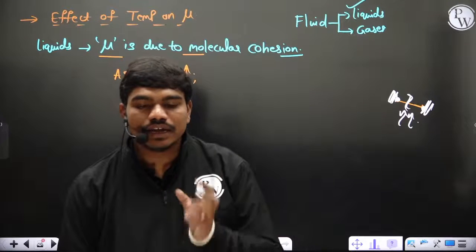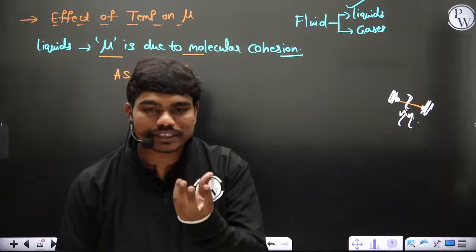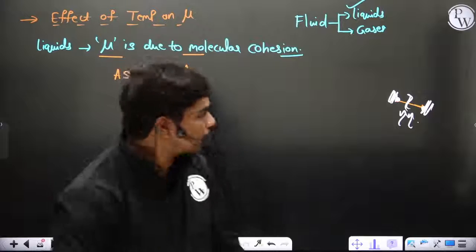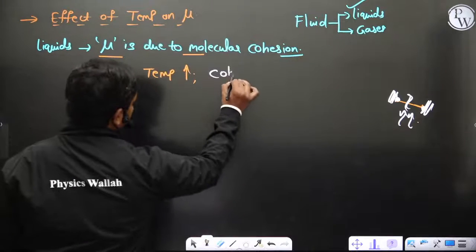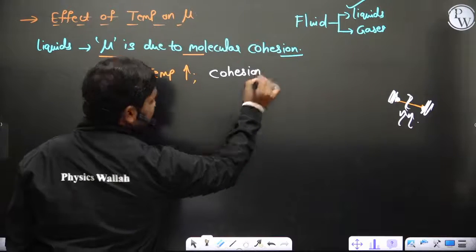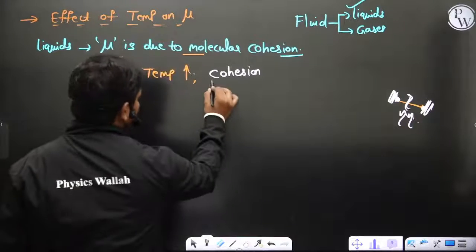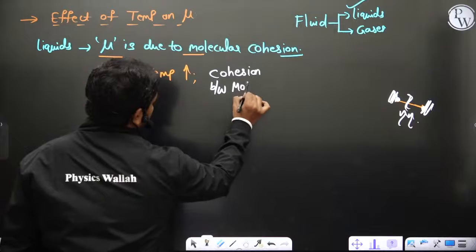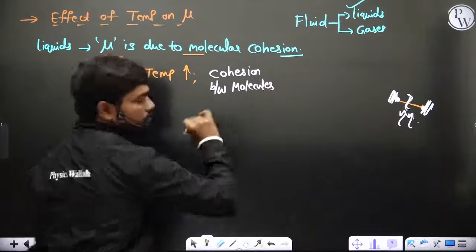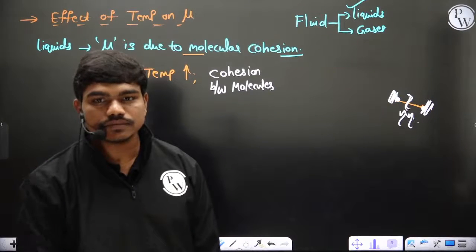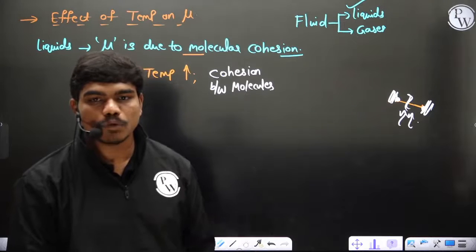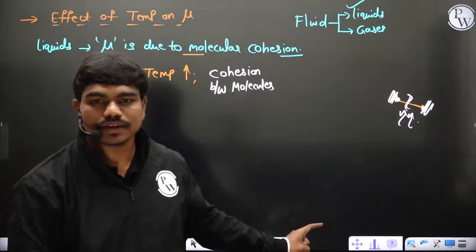Now, with respect to temperature, if bonds are weakening, that means cohesion between the molecules will actually increase or decrease? What happens to this? Please type in the chat box.